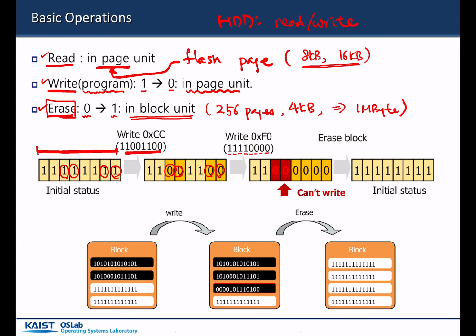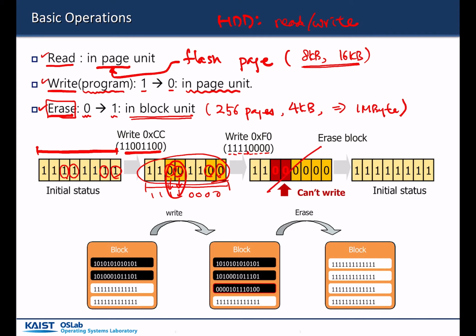And if you try to write 1 1 1 0 0 0 0 over these flash cells, then what you have to do is convert the value 0 to 1 and value 0 to 2. And that is not allowed due to the nature of flash memory. So this is not allowed.